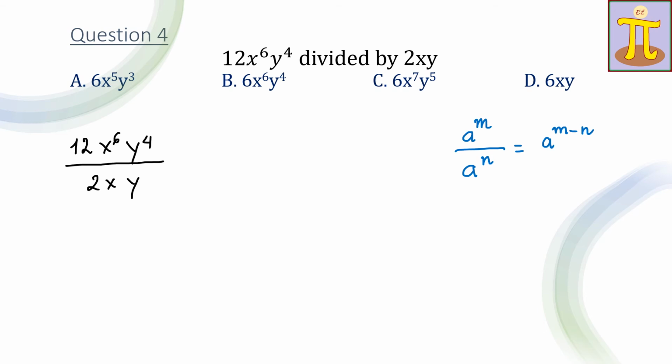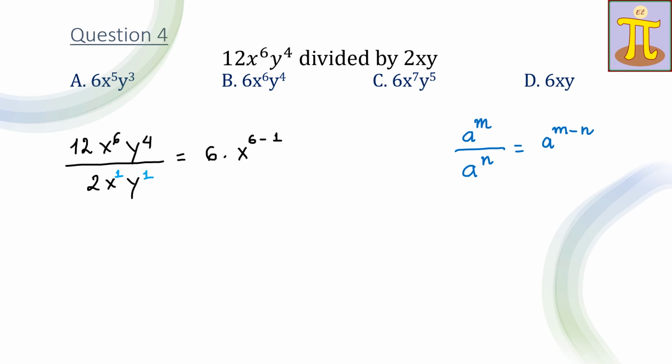So this equals 12 divided by 2, which is 6, and we have x to the power of 6 minus 1, since x itself is x to the power of 1 and y itself is y to the power of 1.